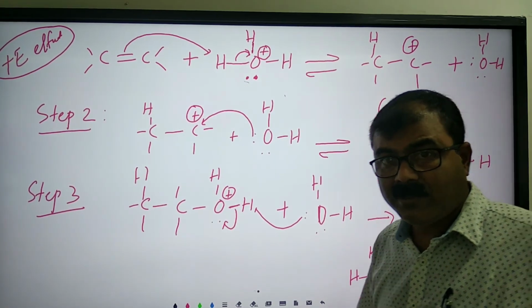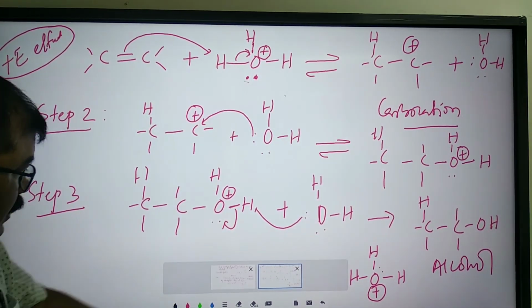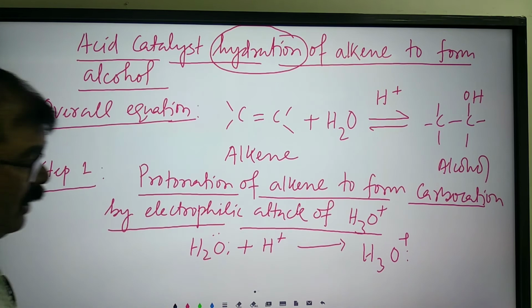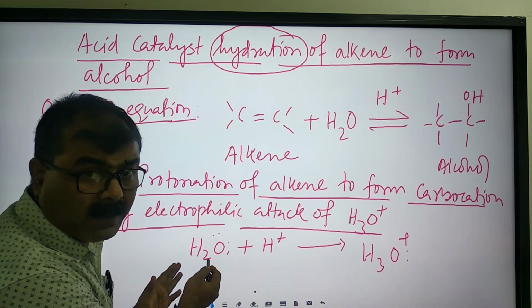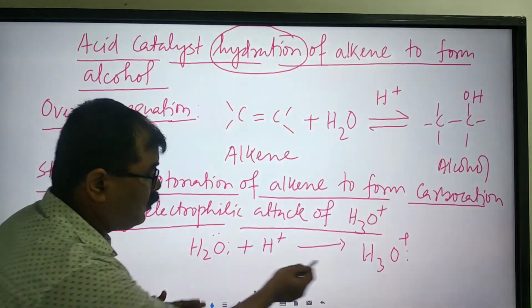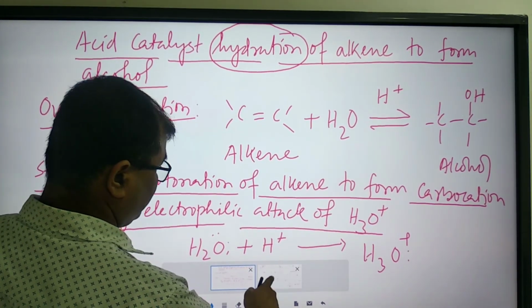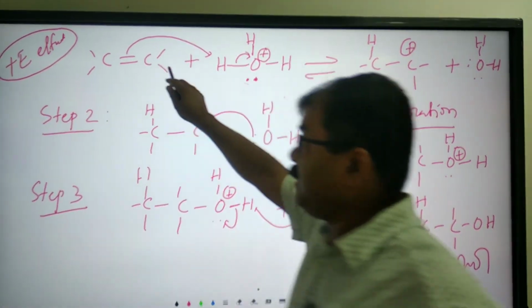Is it clear, my dear students? Okay. So let us review all the steps again. First of all, the overall equation. Step 1 is the protonation of alkene to form a carbocation by electrophilic attack of the hydronium ion. The hydronium ion is the electrophile, which is formed by the addition of a proton to water. Water will take the proton to form the hydronium ion. Okay. Next, this is a continuation of step 1.